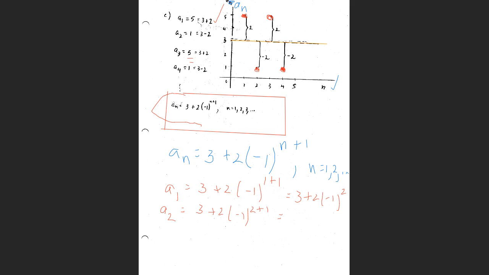That'll equal 3 plus 2 times negative 1 to the third. Well, negative 1 to the third is negative 1, so that's going to give you 1. It works out. So this is your formula here. I guess I boxed it, but I'll circle this.